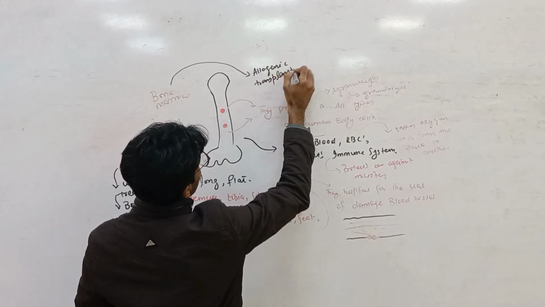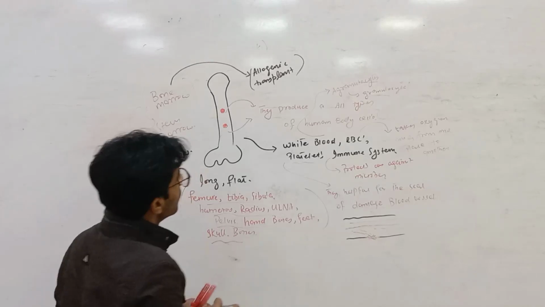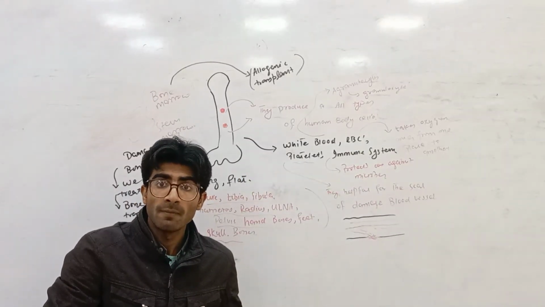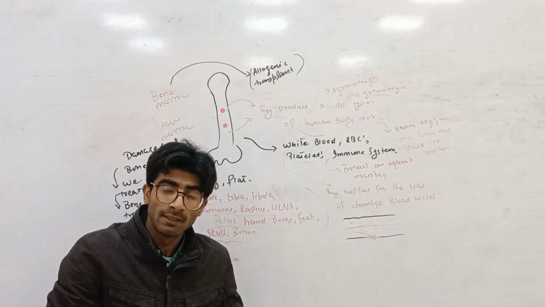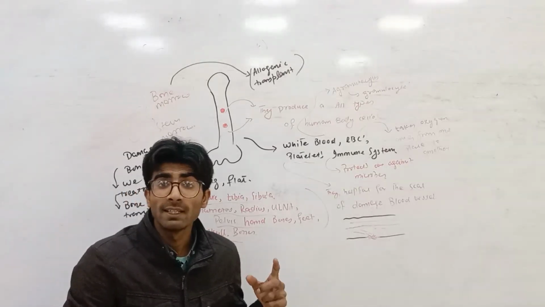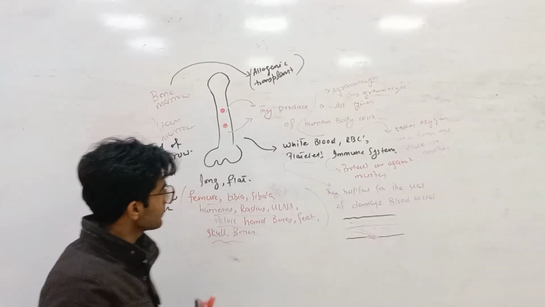What is this type of transplant? When we take bone marrow from another person and transfer it into the patient, this is known as allogenic transplantation.